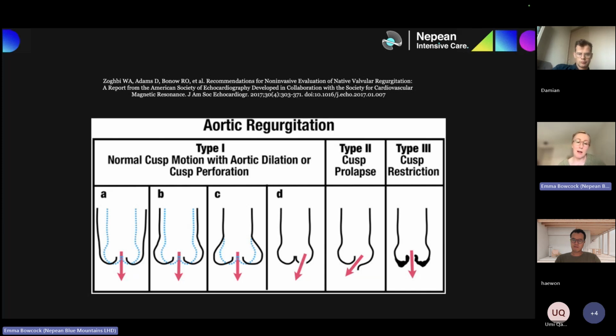Type 1 A, B, and C, you've got normal cusps, but you've got the aortic root dilatation, and there's different patterns of aortic root dilatation that make up A, B, and C. So if you've got the whole thing being dilated as in A, then that's a type A, and then you get failure of coaptation, and that's the mechanism of the AR. In type C, you tend to just have dilatation of the sinuses of Valsalva. And then in type 1D, that's where you have cusp perforation. Okay, and then type 2 is where there's prolapse, so excessive motion of the leaflet. And then type 3 is restricted motion of the leaflet.